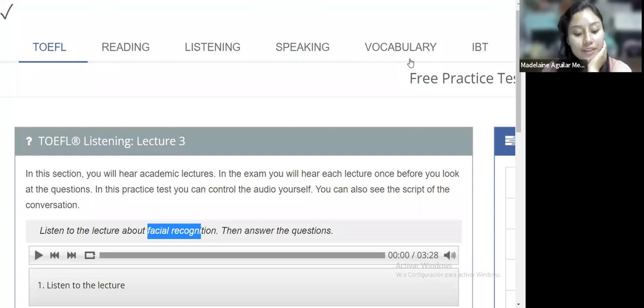From what I could listen, the professor talked about facial recognition and he asked his students for an example, and some students mentioned a TV show in Las Vegas.